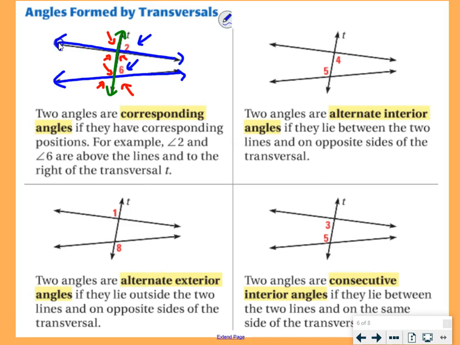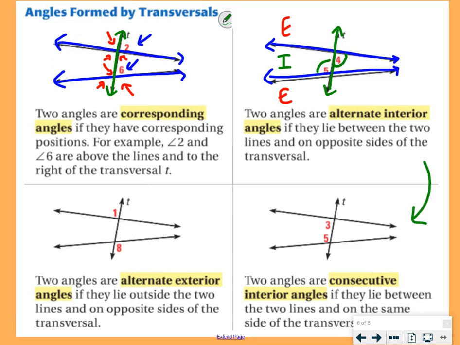If we look, we have our two lines being cut by a transversal. Where the transversal cuts, in between the two lines is what we call our interior, and outside the two lines is called the exterior. With two angles on the interior, we have this relationship of alternate interior because they're on alternate sides. Then also down here, we have consecutive interiors.